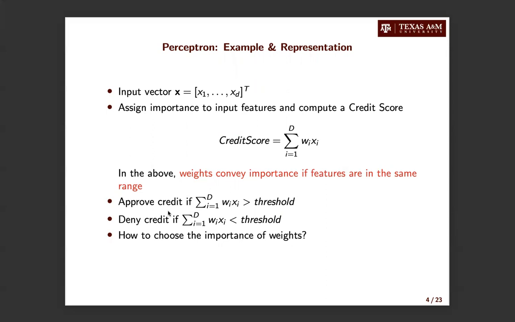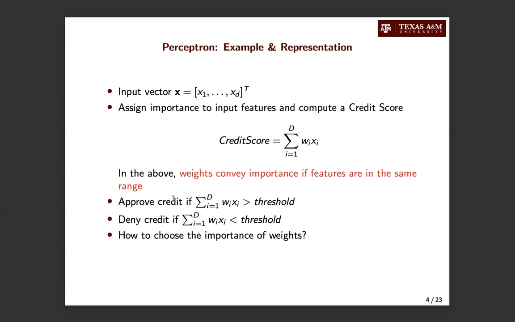For example, if we had a person's salary and a person's money owed in debt, we would assign some weights to each of these two properties. These weights are represented by the parameters w_i, and we have d different weights, as many as the number of features.